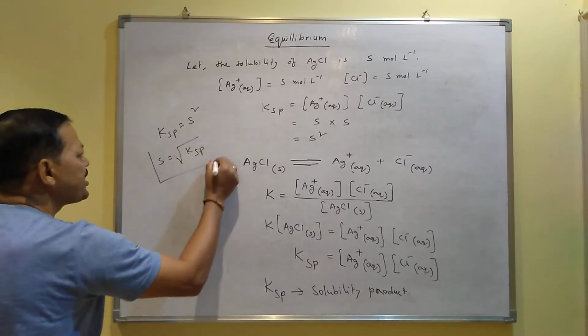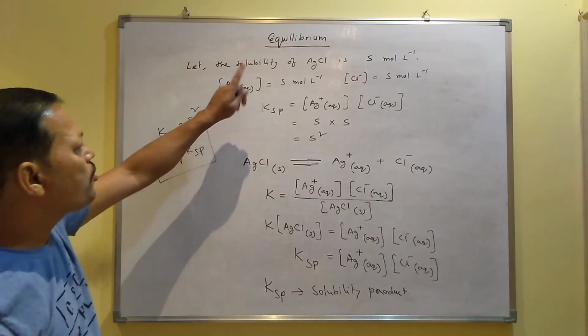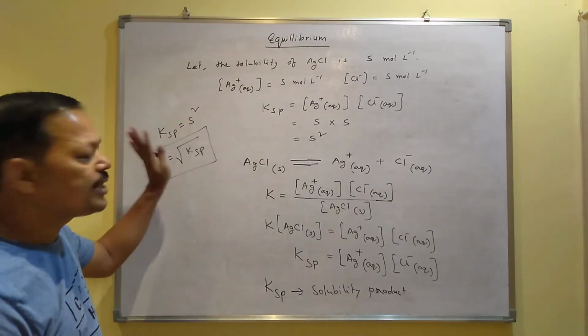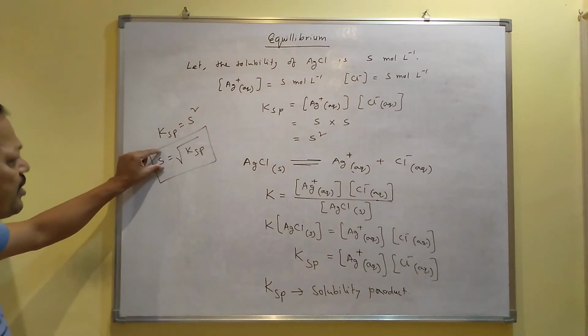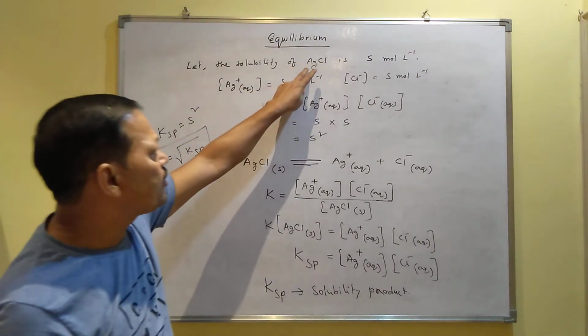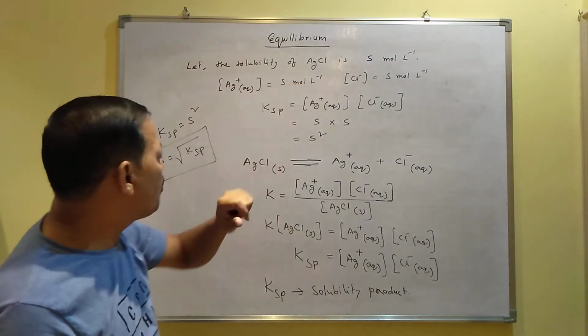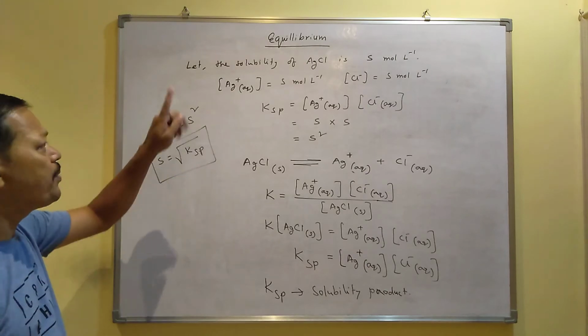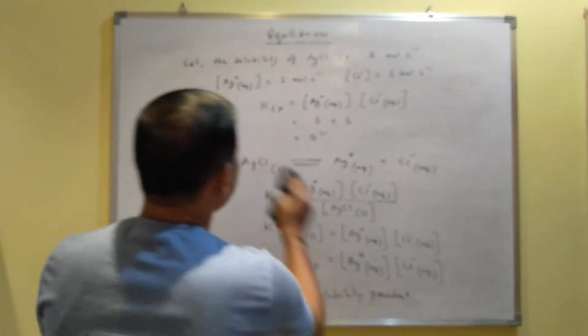So this is the relation between solubility and solubility product for silver chloride salt. These are applicable only for sparingly soluble salts. So this relation we have found for AgCl. If you consider another salt, then the relation may be different. It depends on what type of salt you have taken.